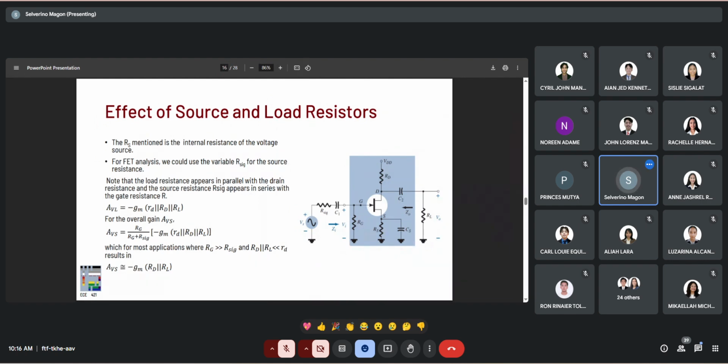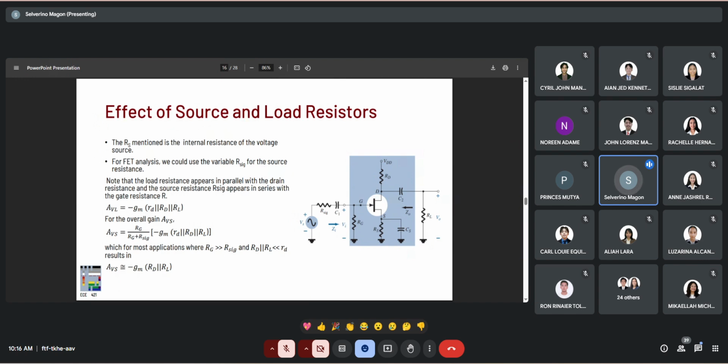Loaded voltage gain is equivalent to the transconductance times the parallel resistance equivalent of internal RD, external RD, and load RL.